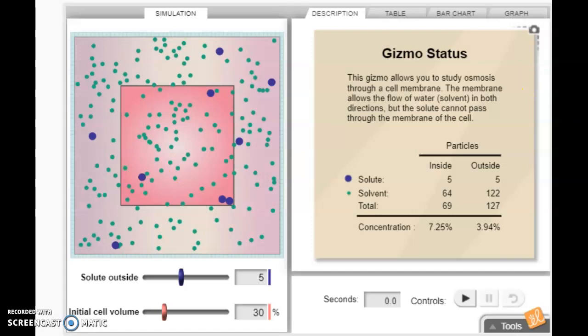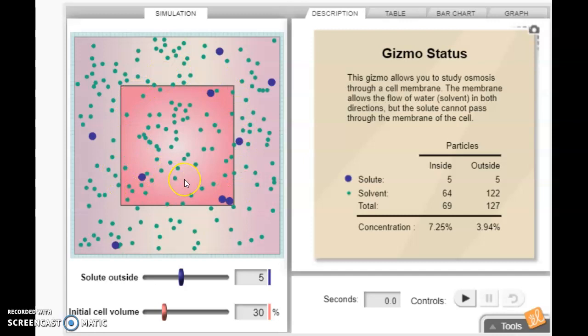So for your Gizmo, we have a demonstration that's going to allow you to study osmosis through a membrane. Now you'll have to use your imagination a little bit, seeing as the cell in question is this red square right here.